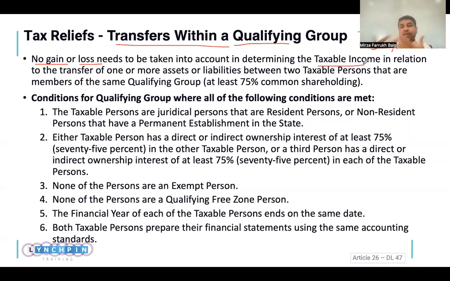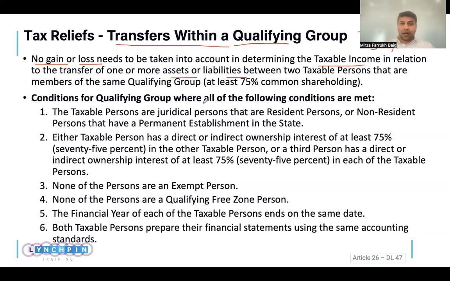Again, an important area: I may not be a tax group where I've taken the approval, but if I have the common shareholding of 75% or higher, I have the option that my intra-group transactions will not generate any gains or losses if I'm transferring any assets or liabilities between the two group entities.